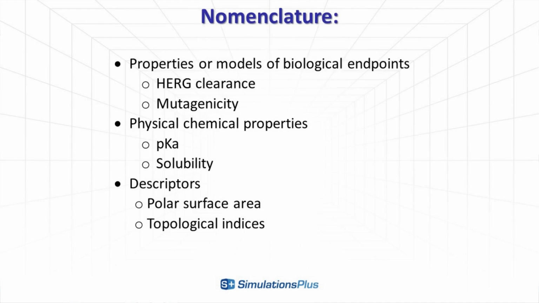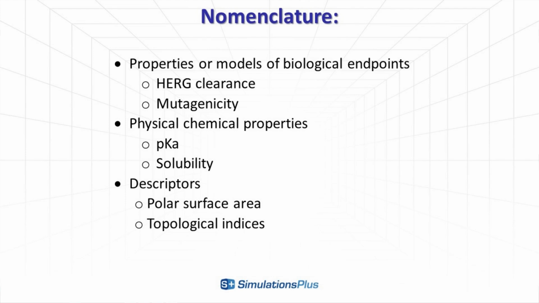So as a quick disclaimer on the terminology for properties, there's actually a large number of things that we can put under properties. There are certain properties, or what we refer to as properties, or models of biological endpoints. So for example, hERG, clearance, or mutagenicity, again, those would be models of biological endpoints.